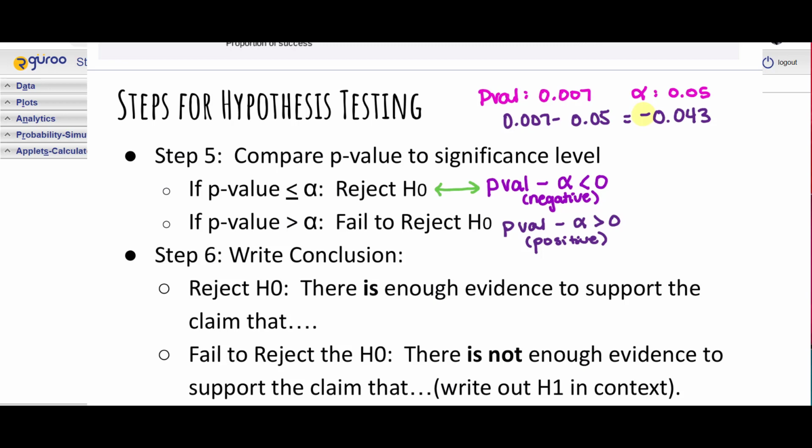All right, so you don't have to do that subtraction. I just put that in there because I know some people have trouble when they are comparing decimal numbers, and I wanted to help you out. You can just quickly subtract p-value minus significance level. If it's negative, reject the null. If it's positive, fail to reject the null.